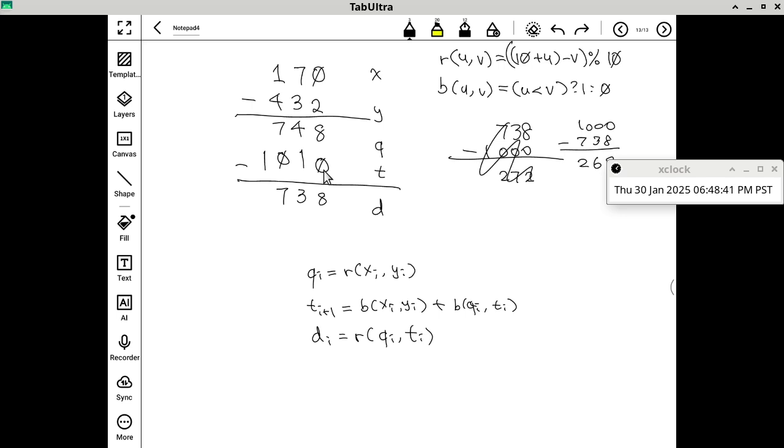So now we double check. We actually do the normal calculation of this. 0 minus 2 is an 8 with a borrow of 1. 7 minus 3, then minus 1 is a 3. And then 1 minus 4 is a 7. This time I actually have to use a negative.